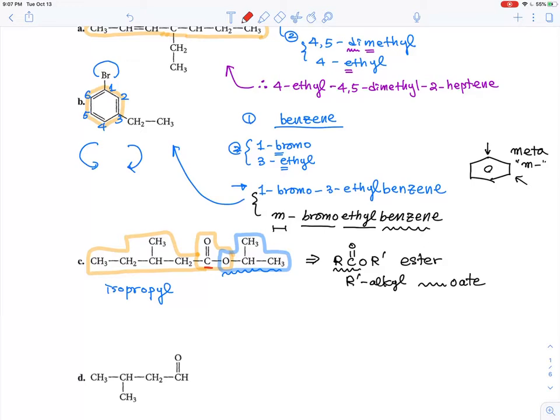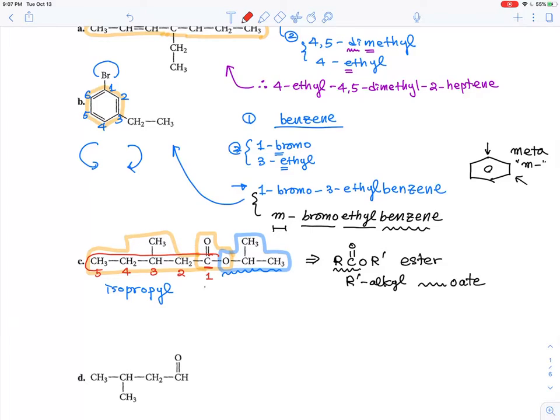This is definitely number 1, 2, 3. And from here, you can continue to find the longest path. So this is the backbone within this organic acid component in the ester.